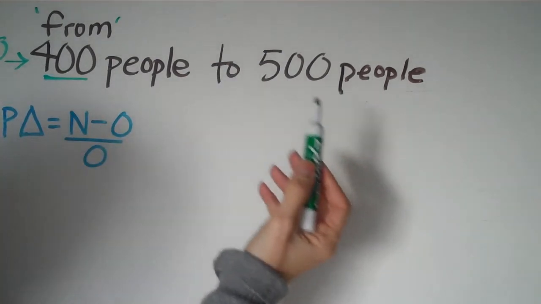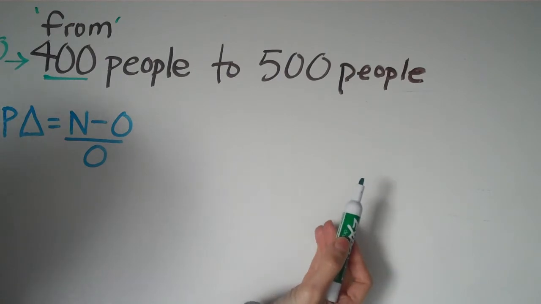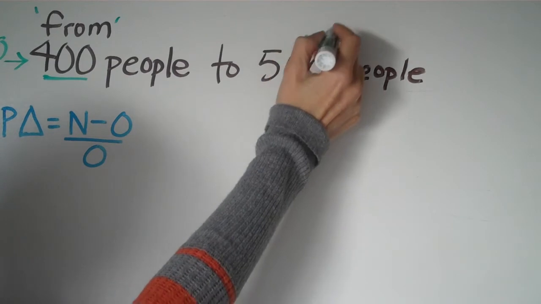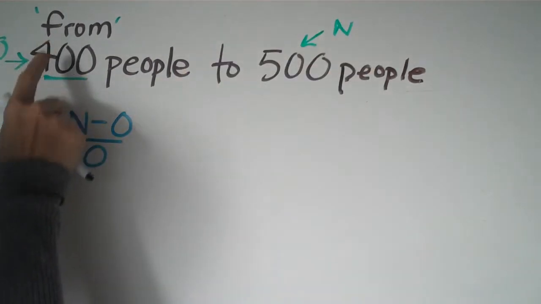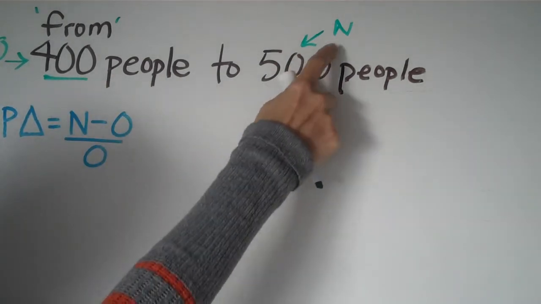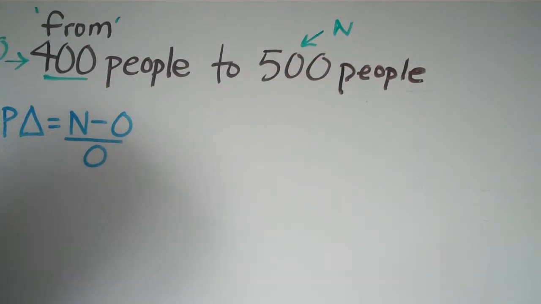"To" means what is happening now, right? To 500. So this would be our new number. So from is our original number, from 400 to our new number of 500. Pretty straightforward when you think about it, pretty logical.